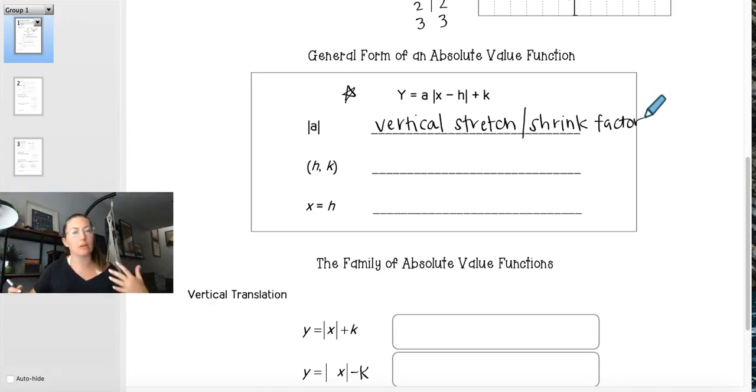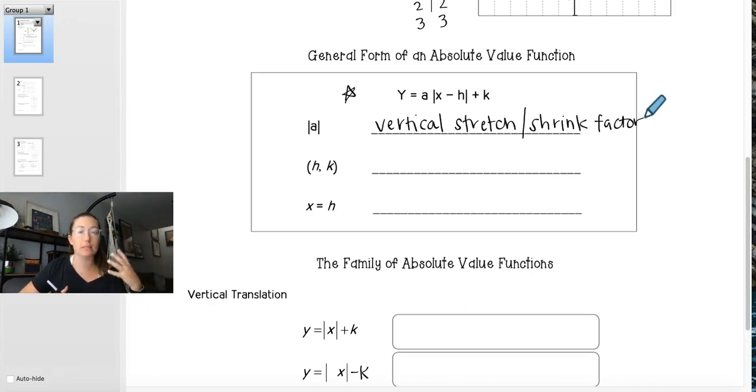So outside, vertical, outside, same as what you think. Let's talk about what I mean. Let's pretend this number is 2. Same as what I would think is I would think 2 would stretch something. If I multiplied something by 2, it's getting bigger, it's getting stretched. So 2, 3, 4, 5, all of those would stretch my graph vertically. Now, how would something shrink? How would I make it smaller?